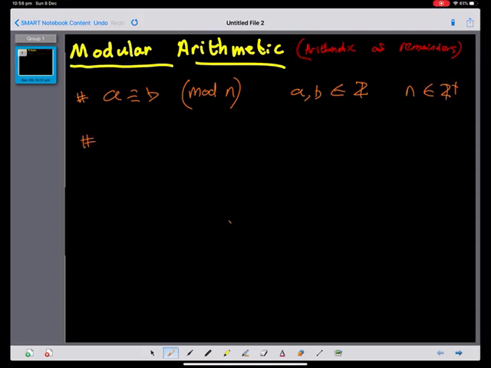We also said that A minus B is equal to kn, that is, A subtract B is some multiple of n.